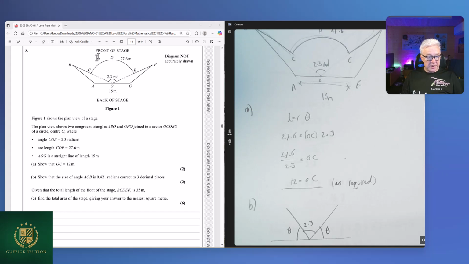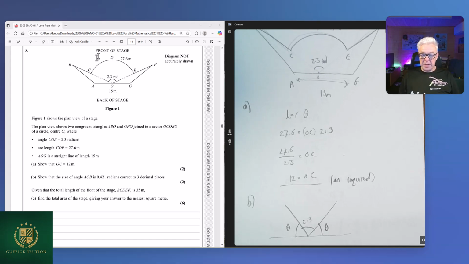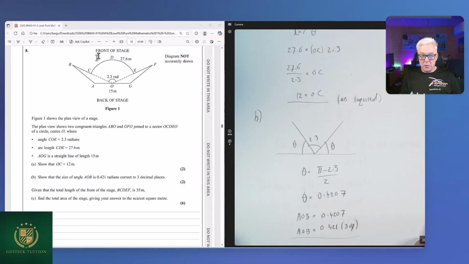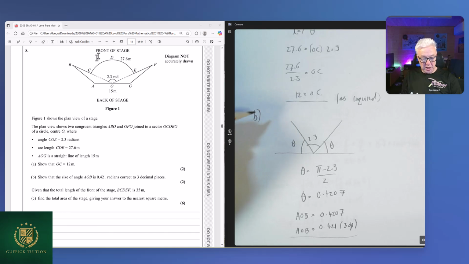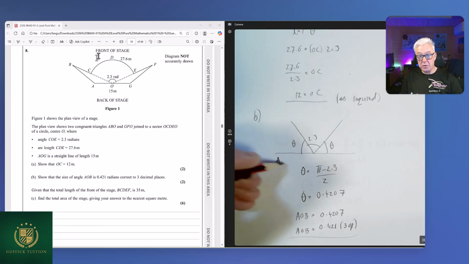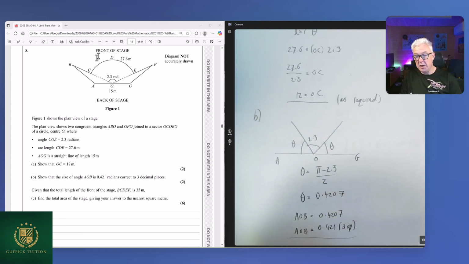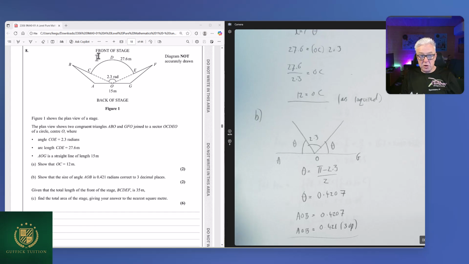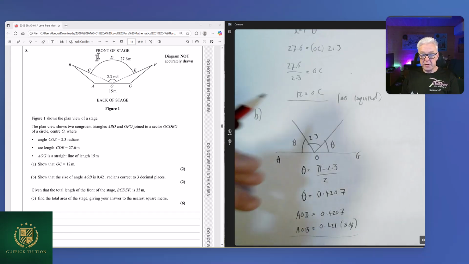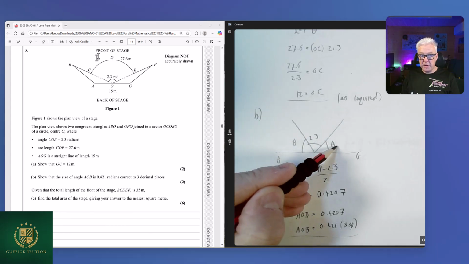Part B, show that the size of the angle AOB is 0.421 radians correct to 3 decimal places. So we have a straight line at the back of the stage here, AOG. The two triangles, remember, are congruent, so the angle here is the same as the angle here.